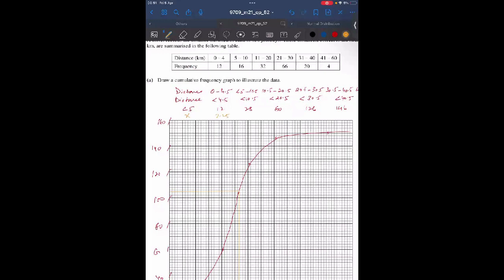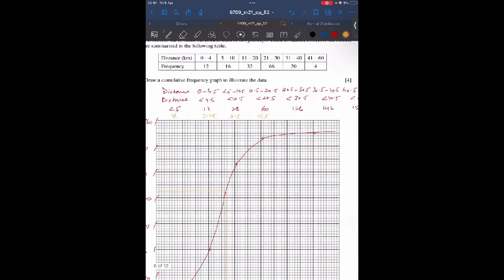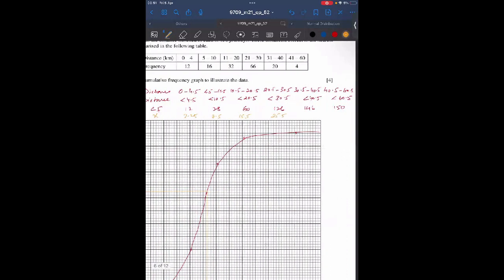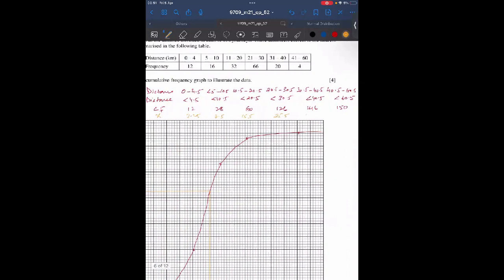And what is going to be the midpoint of this? 1 plus 15 is going to be 7.5. And 16 and 31 divided by 2 is going to be 15.5. Then 31 and 51 is going to be 25.5. Then 41 and 71 is going to be 35.5. And then 61 and 101 is going to be 50.5.